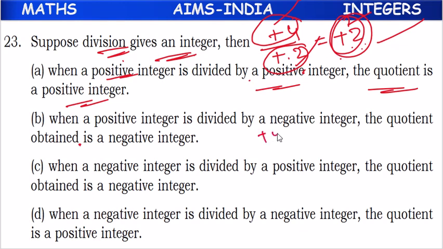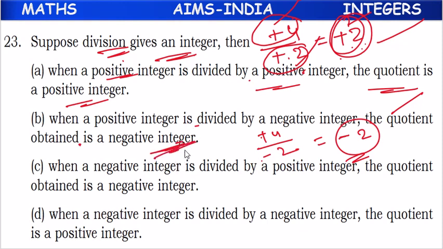Or when a positive integer is divided by a negative integer, plus by minus, then the quotient is negative.